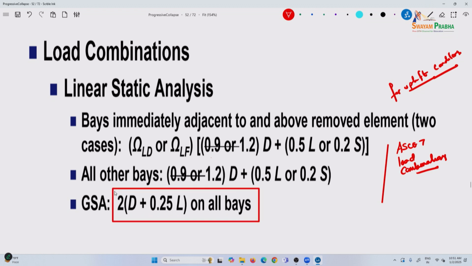The GSA is simplified, 2 times dead load plus 0.25 live load, but the UFC has these with 0.5 live load, here it is 0.25, but GSA says this is for your impact factor.